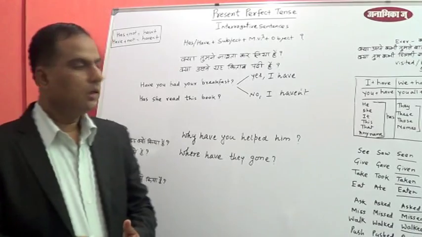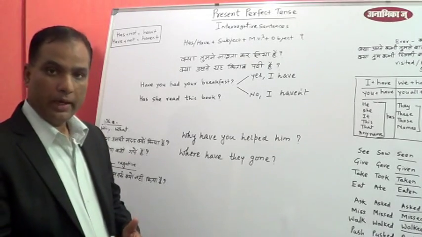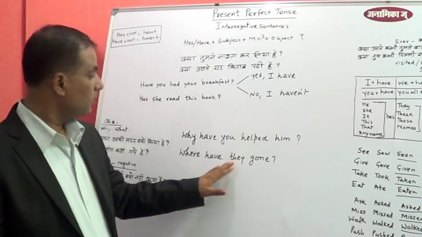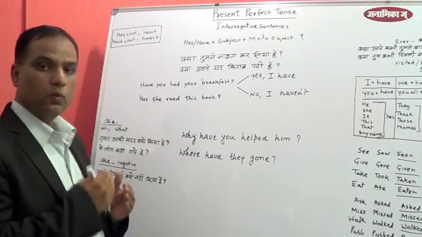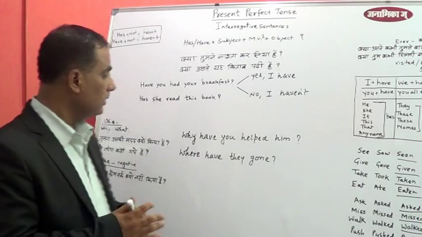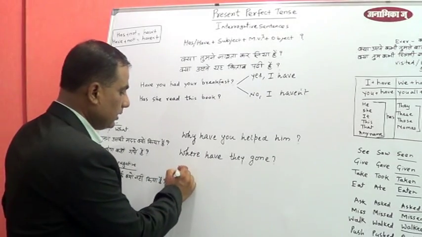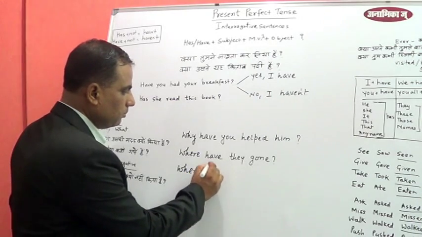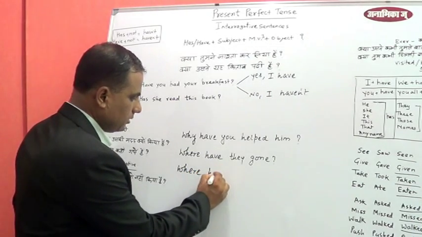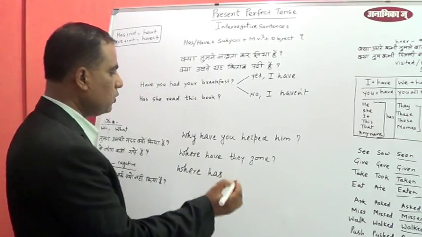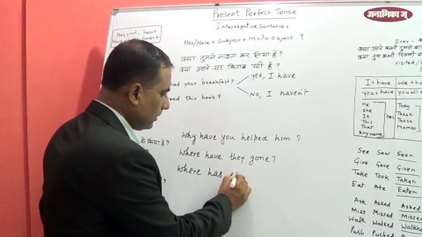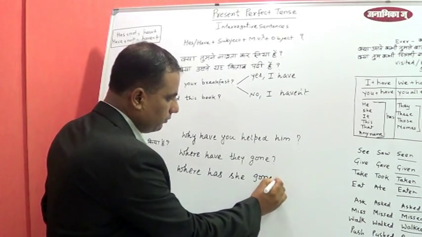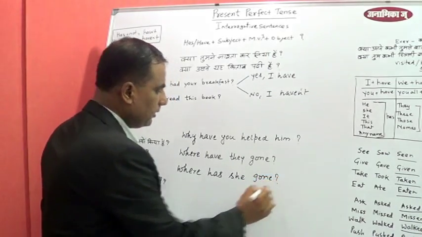Let's take another example where instead of they we have she. अगर हमें ये पूछना है वो कहाँ गई है, then the initial part will remain the same, that is where, but have will change to has because the subject has changed from they to she, and the object or the verb will remain the same.